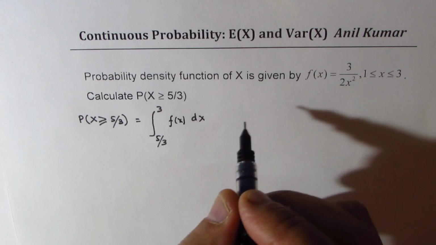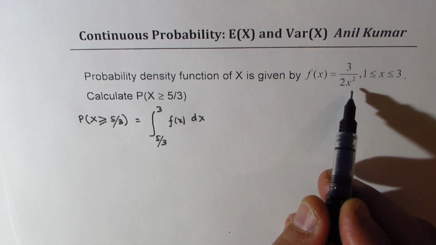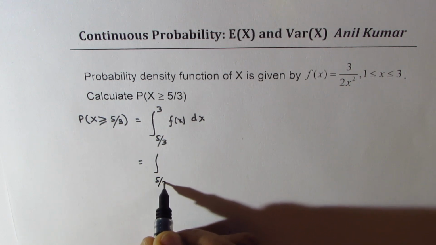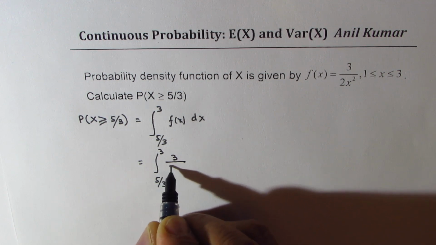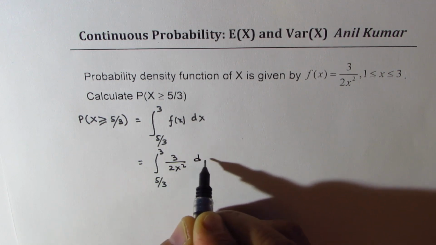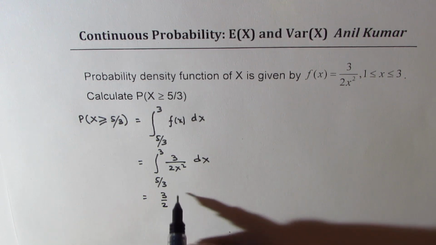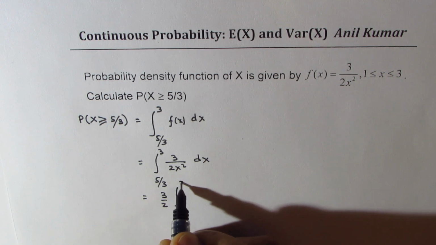Now, since we found that k is 3 over 2, f of x is 3 over 2x squared. So we get from 5 by 3 to 3, 3 by 2x squared dx. Since 3 by 2 is a constant, we'll take it outside and integrate the rest from the interval 5 by 3 to 3.